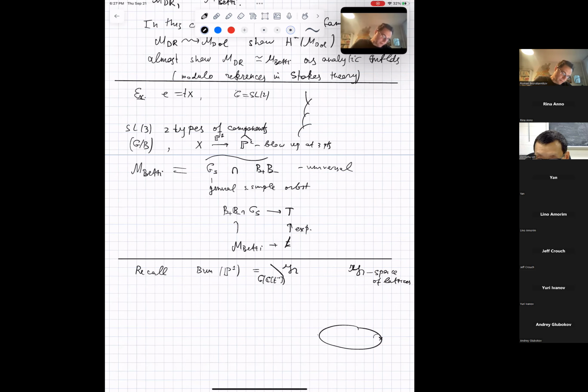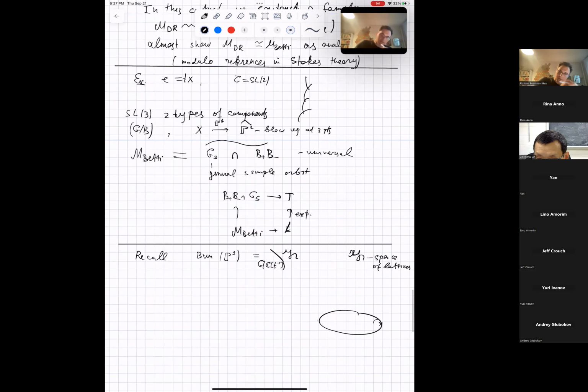Local data near 0 gives you a point in the affine Grassmannian, and then modding out by these trivializations, you get this description, and then you can modify this. So for example, you just add stuff to it.